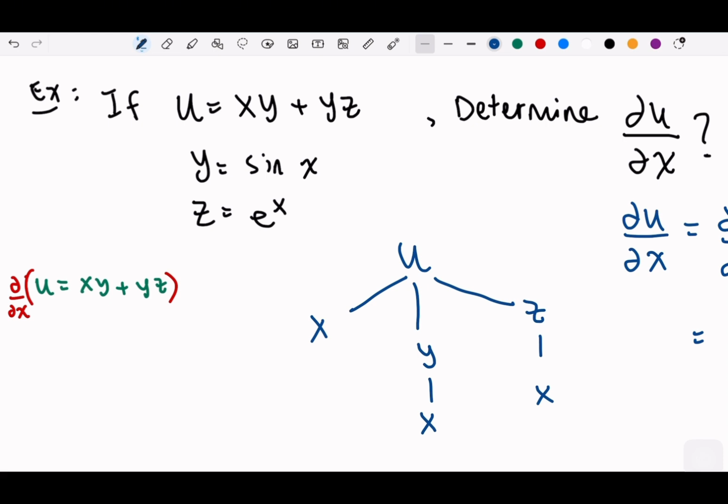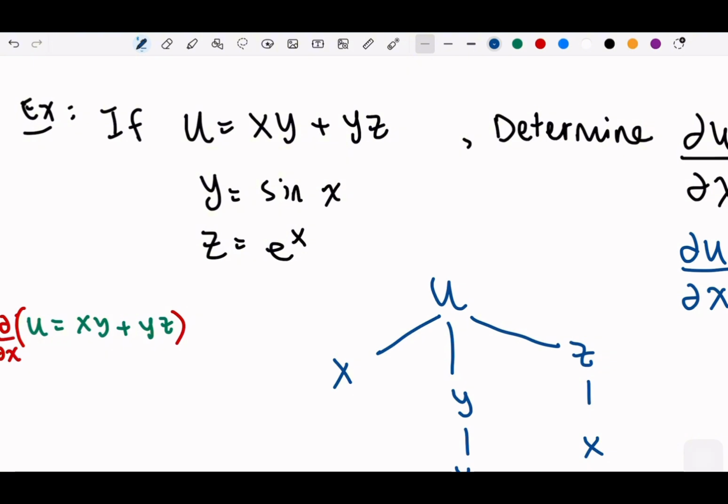So here, we can let y as a constant and also z as a constant.